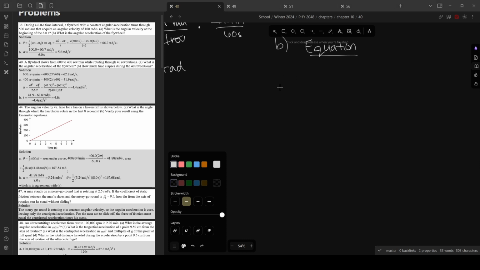Okay, so it was omega final equals omega initial plus alpha times time. So I'm going to isolate again. We're finding time this time. Minus omega initial on both sides, and divide by acceleration.